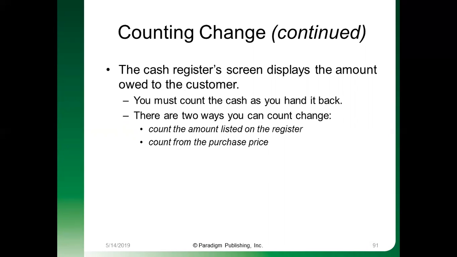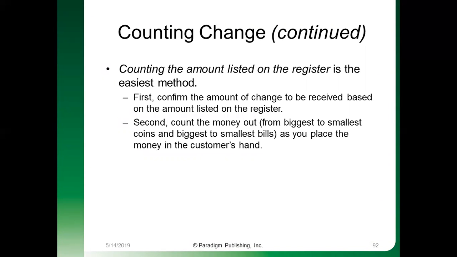There are two ways you can count change. Count the amount listed on the register. So if the register says that the patient should receive $12, then you'll just add $12. Or count from the purchase price. Counting the amount listed on the register is the easiest method.